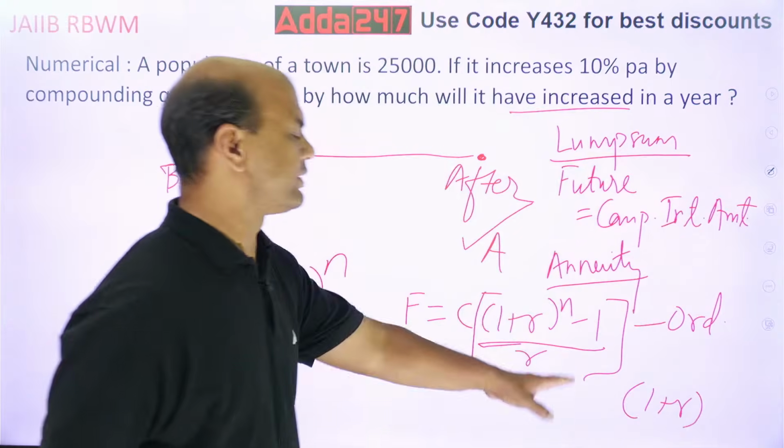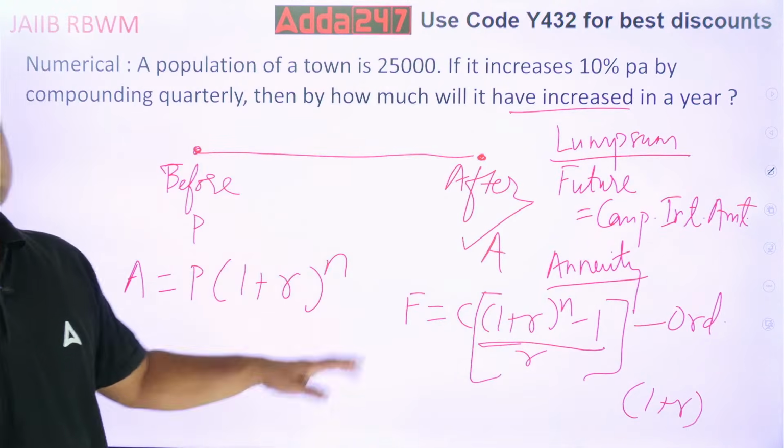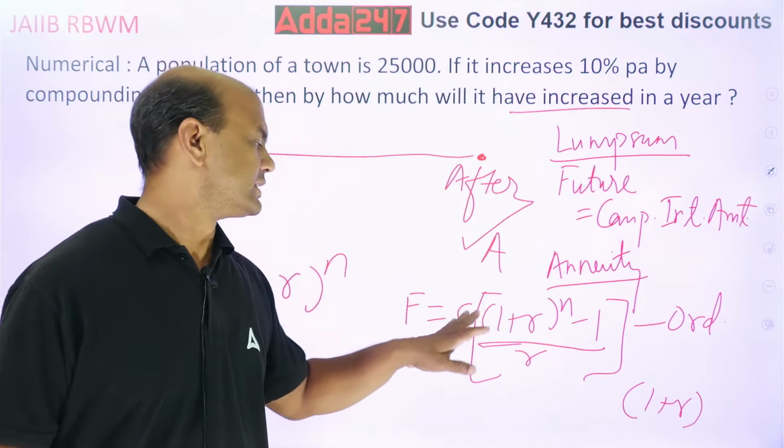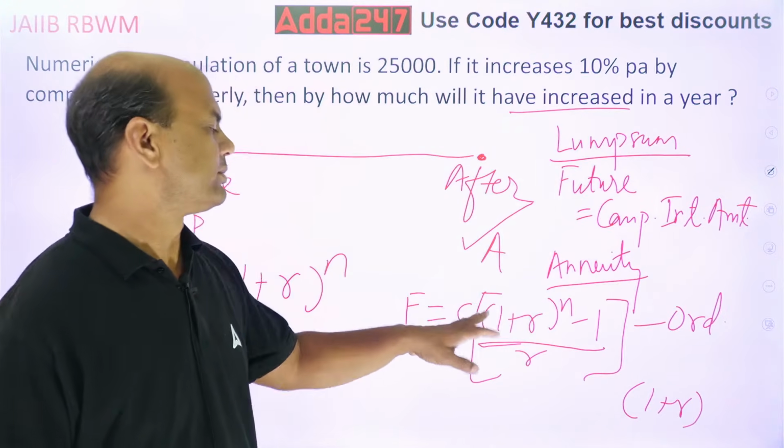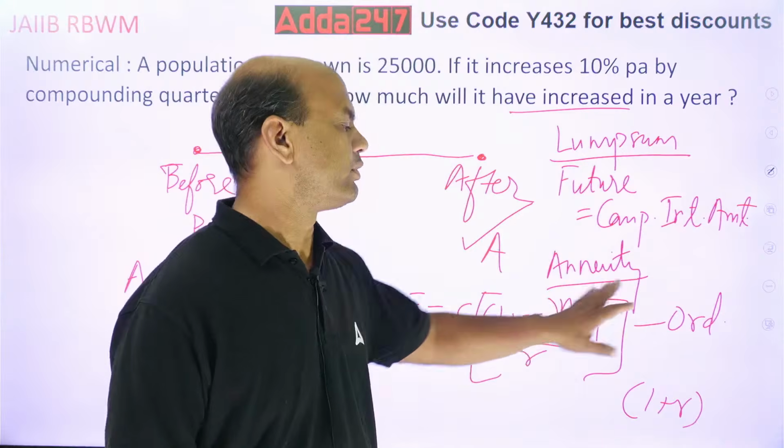This is the future value formula: C into (1 plus R raised to N minus 1) upon R for ordinary.